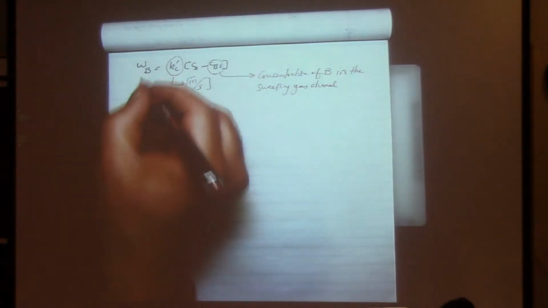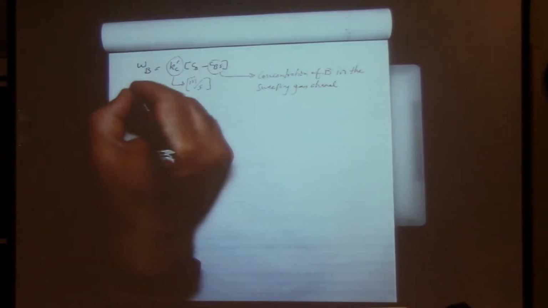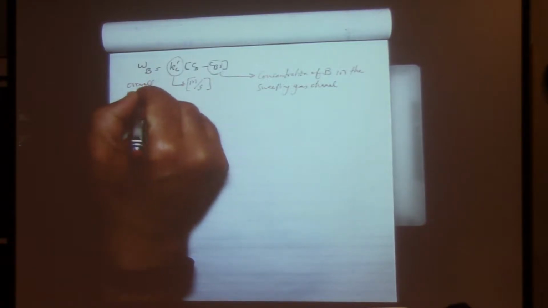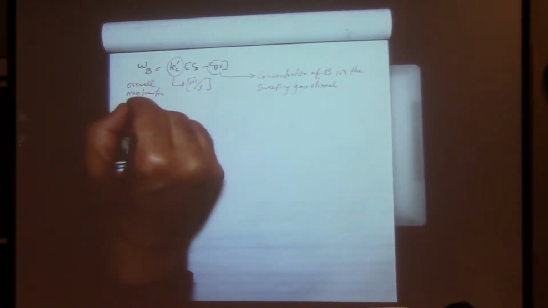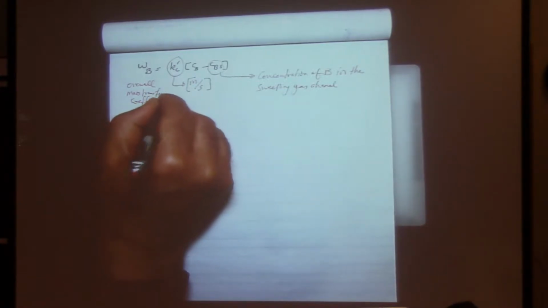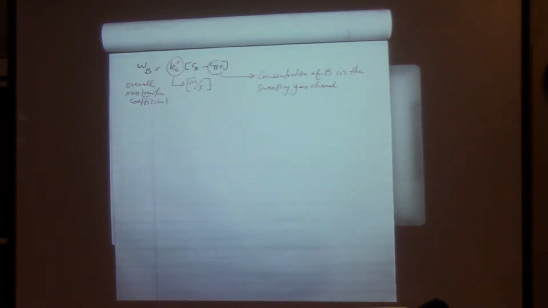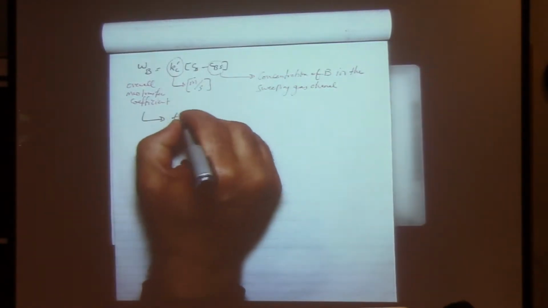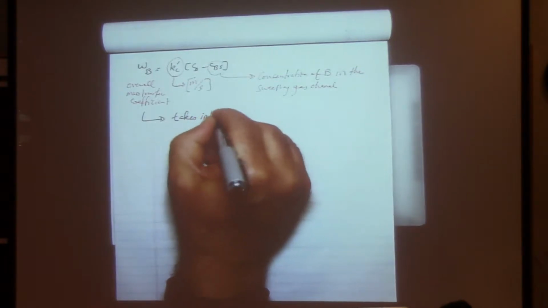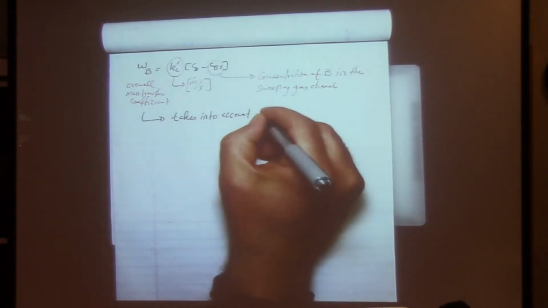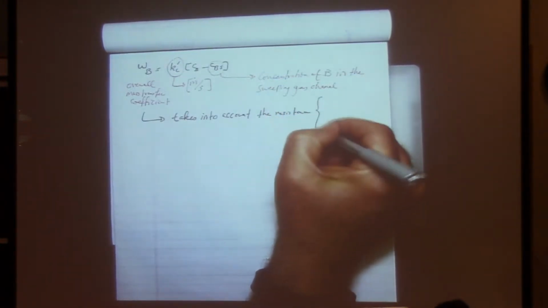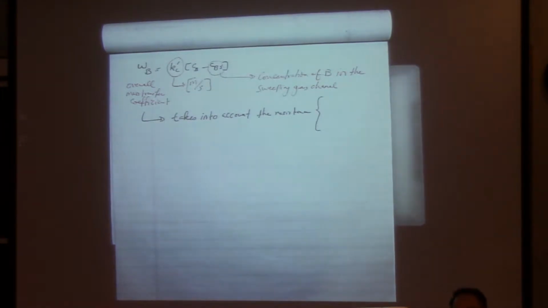So Kc is the overall mass transfer coefficient, as I mentioned, and it takes into account the few resistances that we have: the resistance inside the tube, the resistance in the membrane.